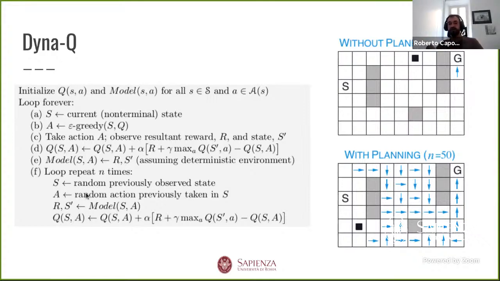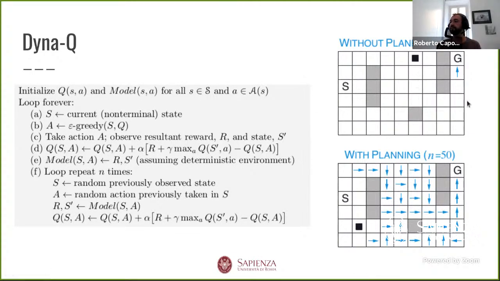So we look at the table, we select one row, we get one state, and we also select one random action that was observed in this state. Then, given that the environment is deterministic, we know the reward and the next new state, because we have stored them in our table. And basically what we do is we perform on this sampled state a Q-learning update, except that now it's not Q-learning but Q-planning, called Q-planning just because the state is not coming from the environment.